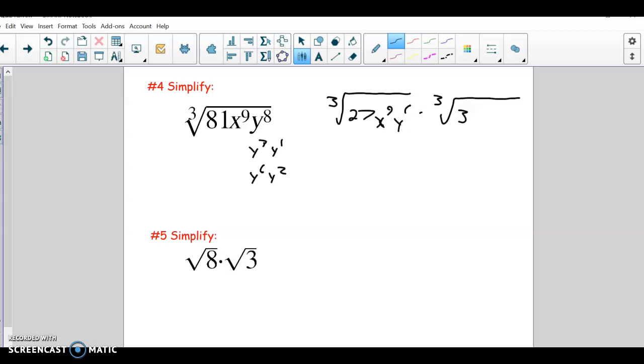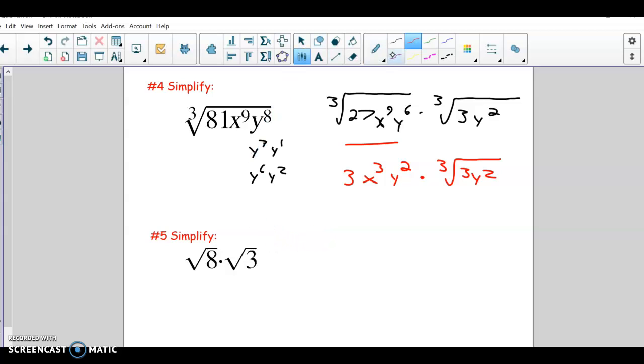I'm going to put y to the 6th here so that I'll divide evenly, and then I'll have 2 in my leftover pile, sometimes called the dumpster fire. Okay, and now these perfect cubes, I can simplify that. So cube root of 27 is 3, and then 9 divided by 3 is x cubed, and 6 divided by 3 is 2. Okay, and then here's my dumpster fire leftover, cube root of 3y squared.